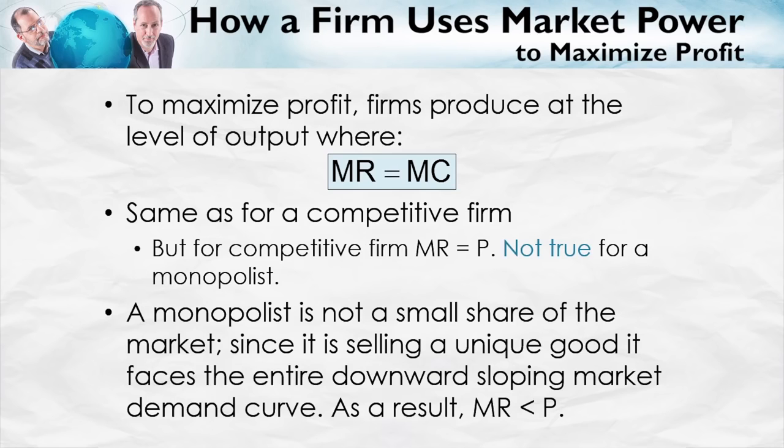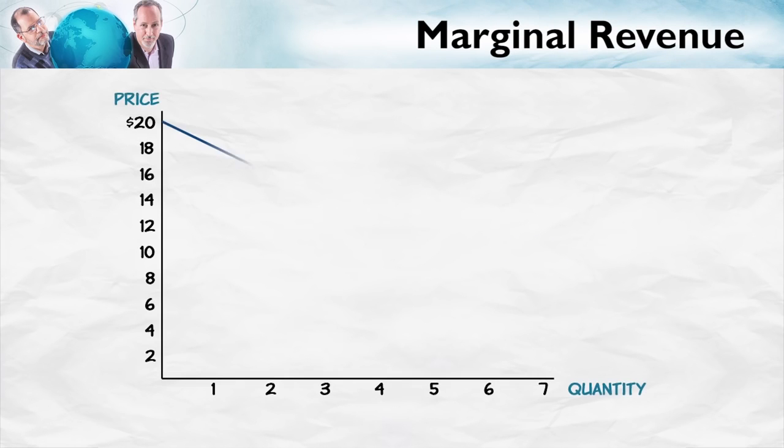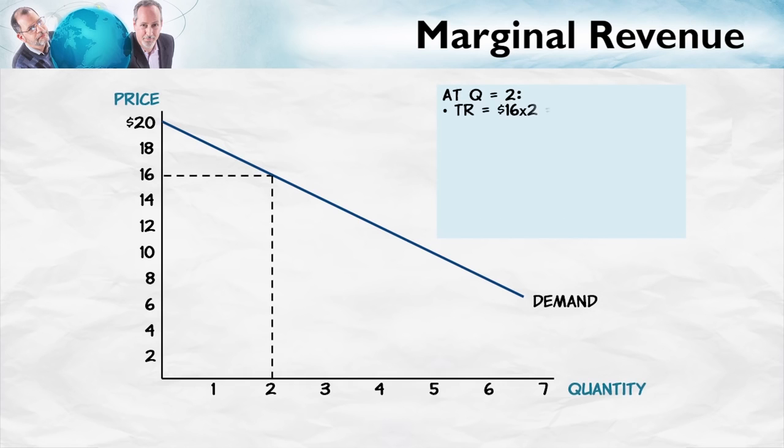Let's show how to calculate marginal revenue for a monopolist. Let's start with the demand curve and suppose that we're initially selling 2 units. We can sell those 2 units for $16 a piece. Total revenue, therefore, is $16 times 2 units, or $32. Now, remember that marginal revenue is the change in total revenue from selling an additional unit.